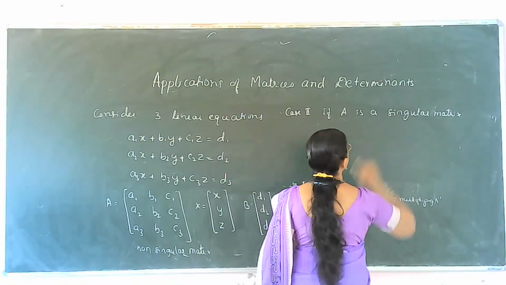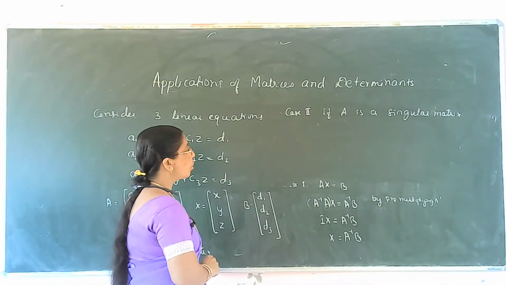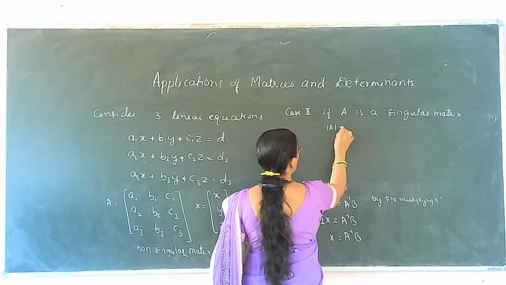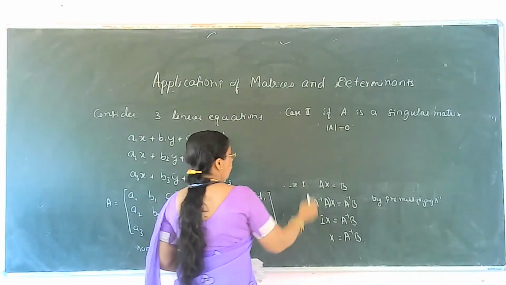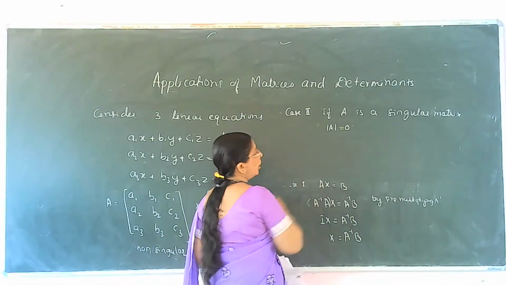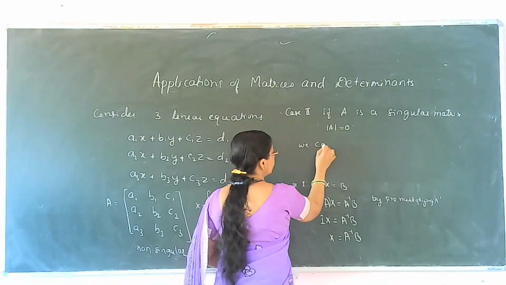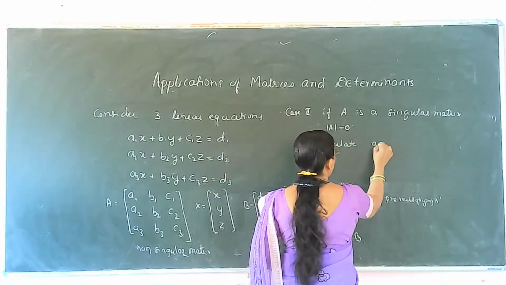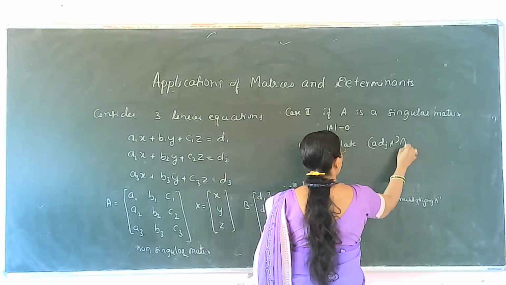But in case 2, if A is a singular matrix, it means the determinant value is equal to 0. If the determinant value is 0, we calculate the adjoint of A into B.